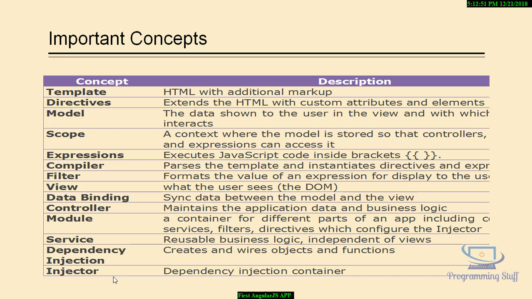Module is the container of different parts of an app, including controllers, services, filters and directives, which are configured in the injector. Service: reusable business logic independent of views. Dependency injection: creates and wires objects and functions. Injector: the dependency injection container. We will learn about the ng-app directive in detail in the next section.